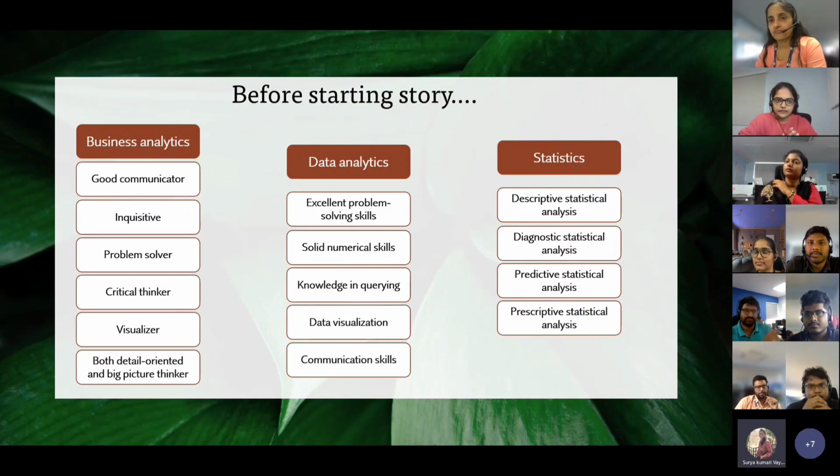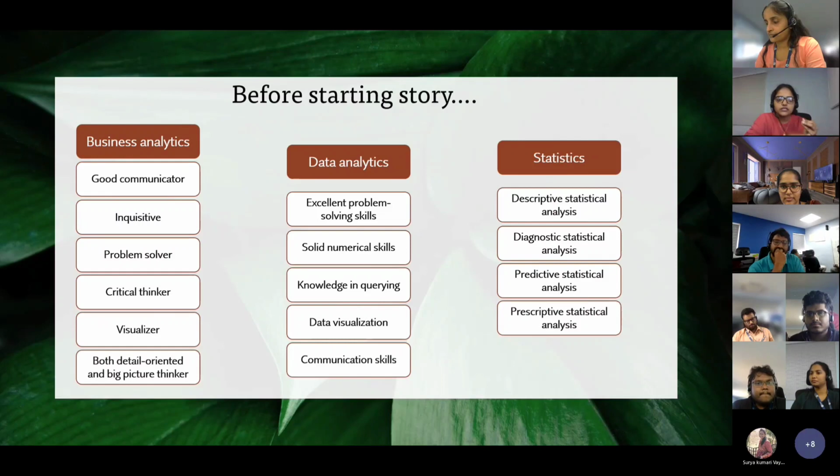First, the data should be in the right place, and he needs to get a solution from the data. If in your mind your question is different and you have different data, you can't do it right. First you need to be a critical thinker about what data you need to take for answering the problem, and what the business problem is, so that you can think and act accordingly.